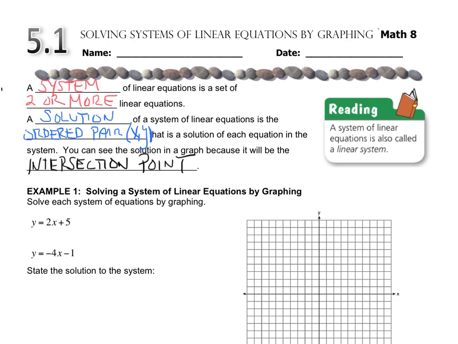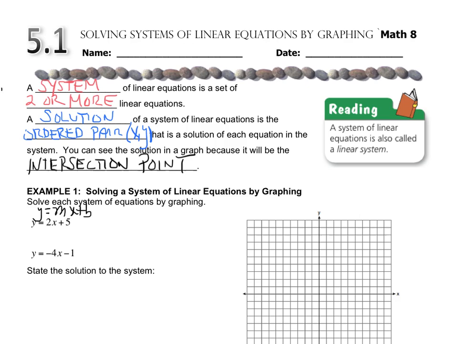A system of linear equations is also called a linear system at times, but basically what we're going to try to do is use our graphing method to find where these two equations intersect, which means they're sharing that point. When you remember how we graphed lines, basically what we are looking for is y equals mx plus b, where m is your slope and b is the first point that we start with, our y-intercept.